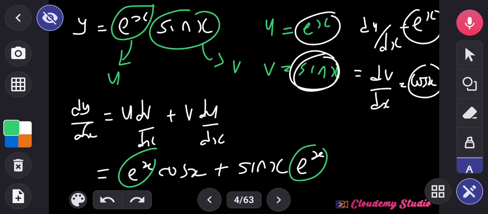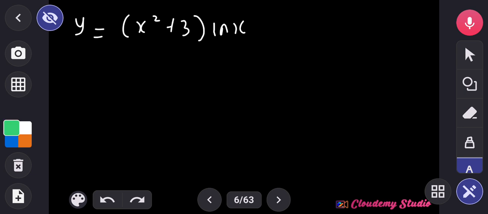Now, let us take another example. Let's say we have a question like y equals to x squared plus 3 ln x. What are we going to do? The first thing we're going to do is to partition this into two functions.